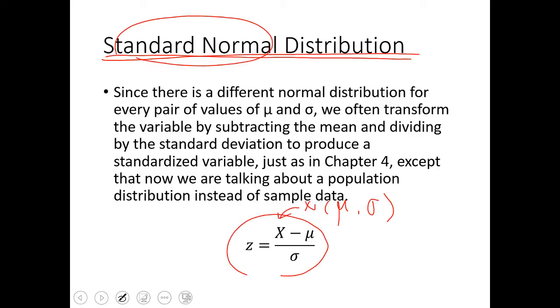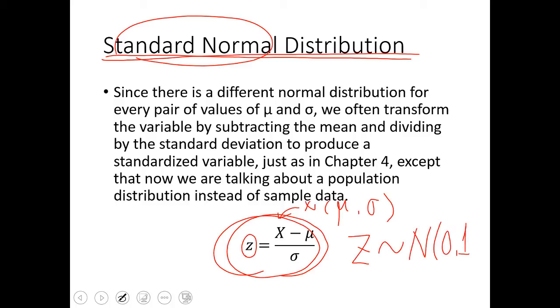If we take this equation, then this z always becomes a normal distribution with zero mean and standard deviation 1. Okay. So then all normal distributions can be changed to the standard normal distribution using this equation.